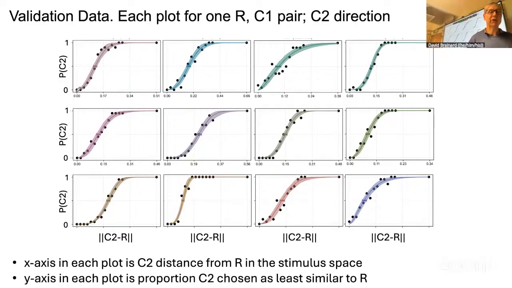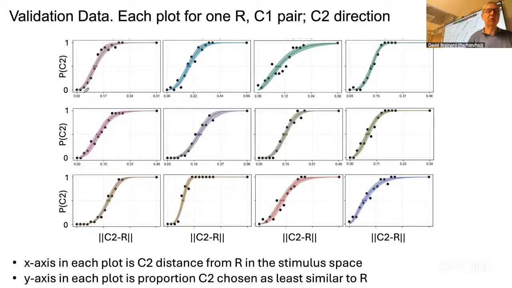This is C2, this is the geodesic distance between C2 and R, and when it's 0, the reference and comparison 2 are the same stimulus, and the subject never says C2 is more different than C1, because C1 was some distance away that's just held fixed in the condition.